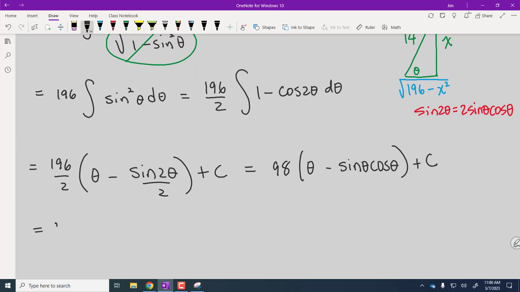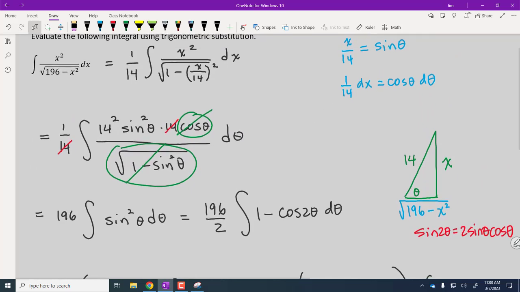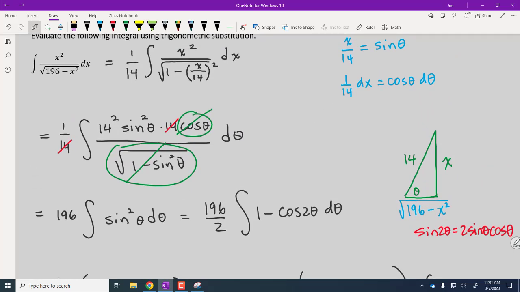From our triangle, theta, you could get it from the triangle, but it's easier to go right up there and grab theta. Theta is inverse sine of x over 14. So we just inverse sine both sides right here.